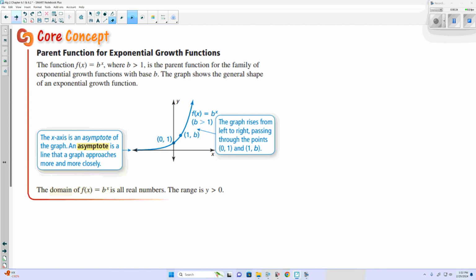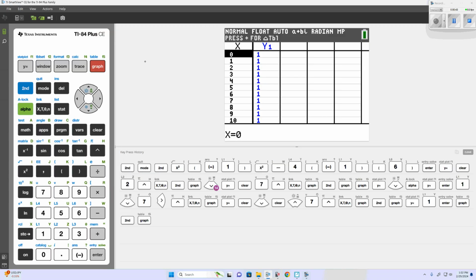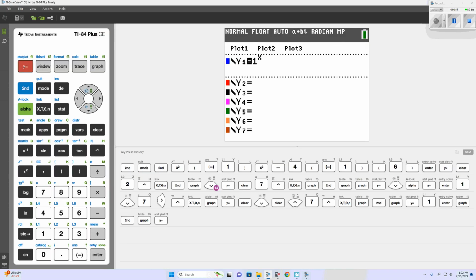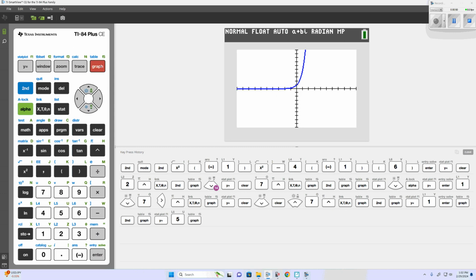Exponential growth, the function b to the x, where b is greater than 1, is going to be an exponential growth function. Whenever that b value is greater than 1, it's exponential growth, and it increases faster and faster. So if we said 5 to the x, we have this graph here.